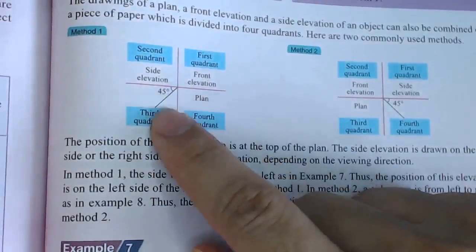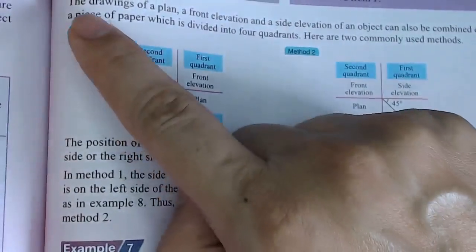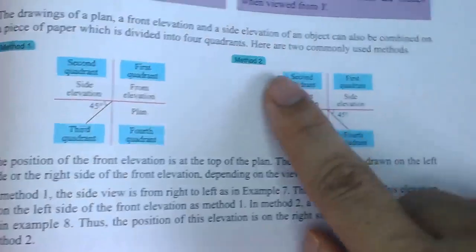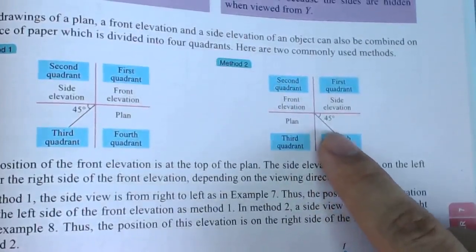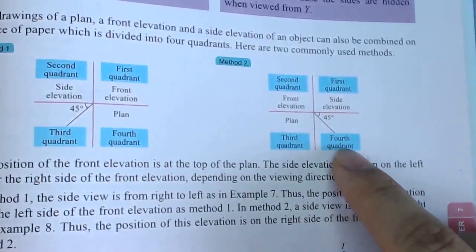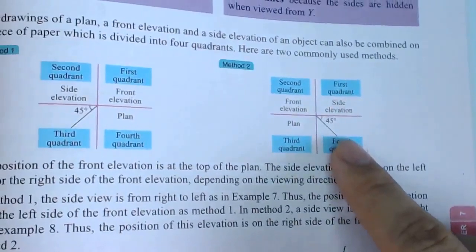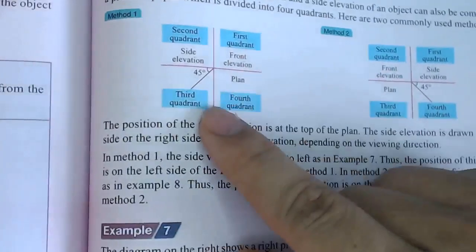Remember to do that on third quadrant if you use method number 1. But if you use method number 2, you will have to do that on the fourth quadrant. Okay, soon you'll know how to do that.